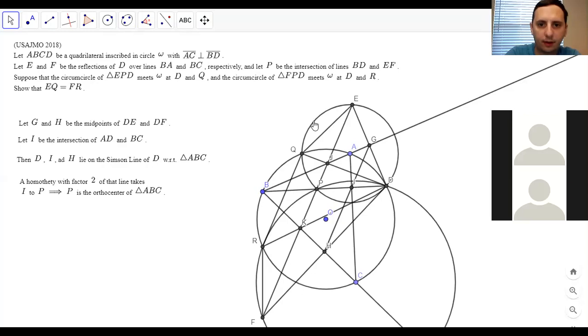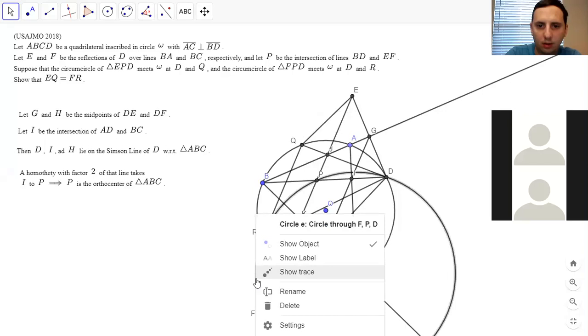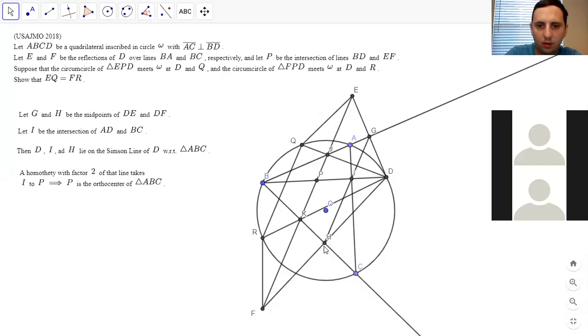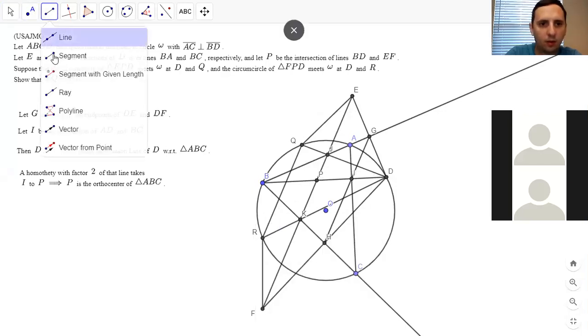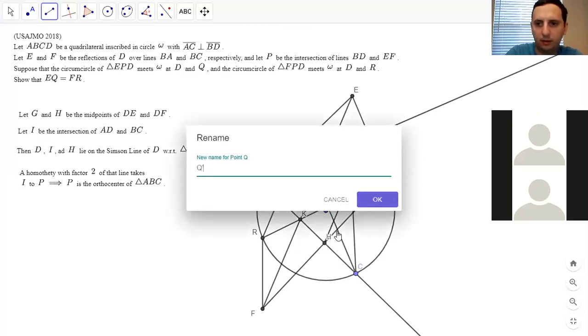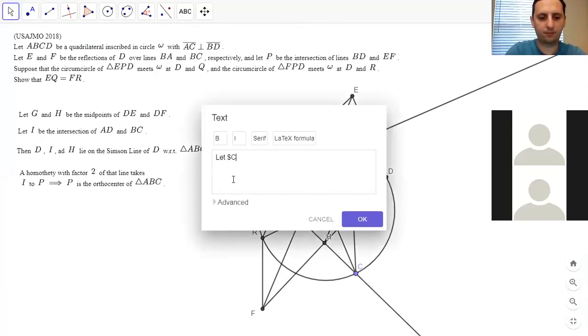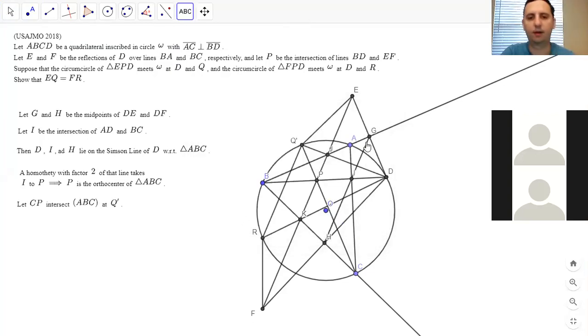So I kind of like that. And now we want to show Q prime PDE is cyclic.